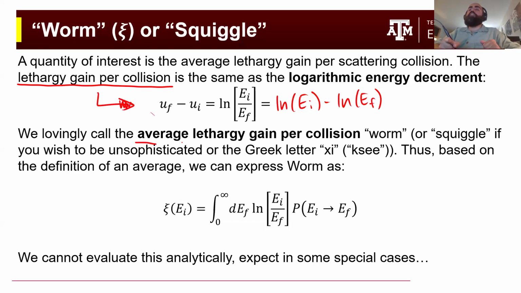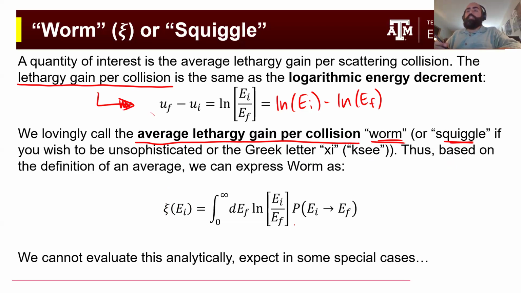Now, the average lethargy gain per collision is another quantity. We call that worm, or you can call it squiggle, but people will look down upon you if you do that. It's the Greek letter xi, which looks like a worm. This symbol represents the average lethargy gain per collision.